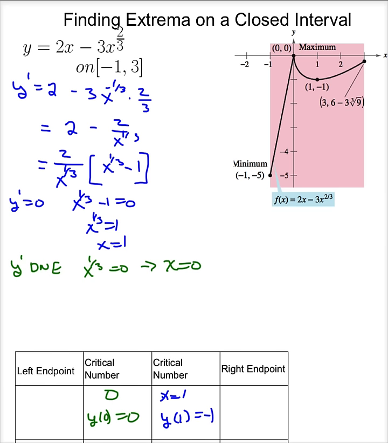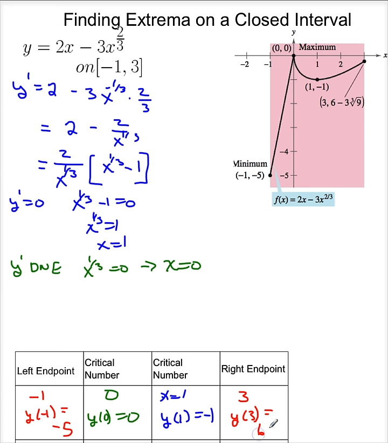So now I need to check my endpoints. My left endpoint is -1. So y of -1 is equal to -5. And the right endpoint is 3. y of 3 is, well, this one's a little bit uglier.